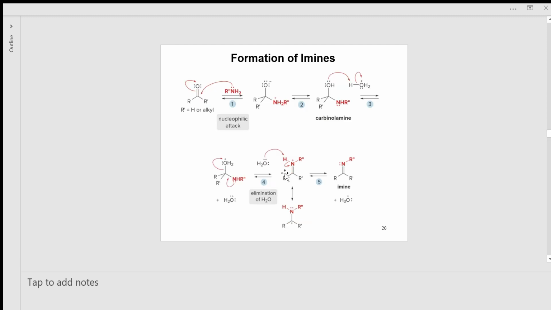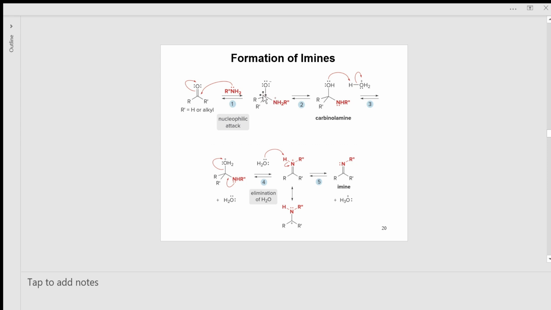Mechanism. Again, the carbonyl carbon here bears a positive charge, and nitrogen always has a lone pair of electrons, so it always wants to share with something that bears a positive charge.